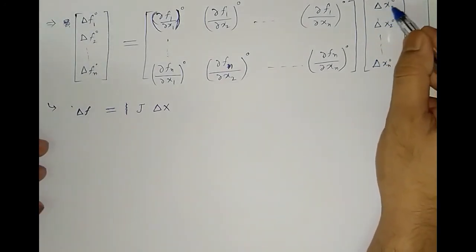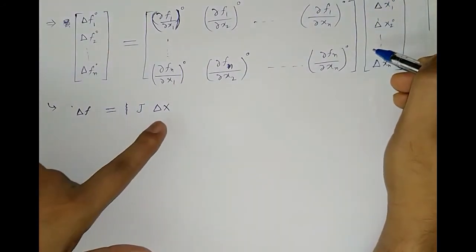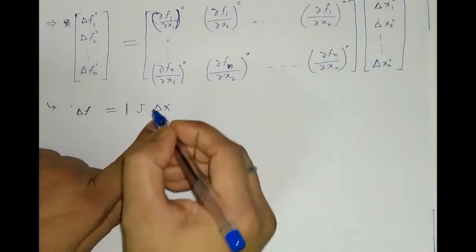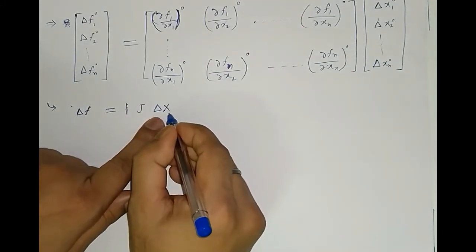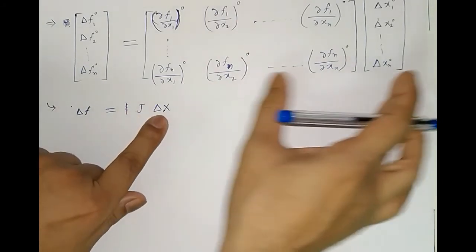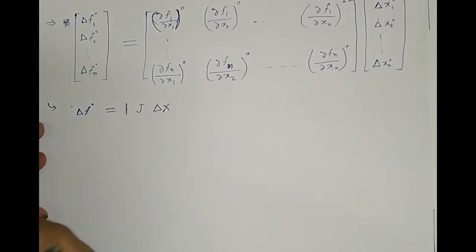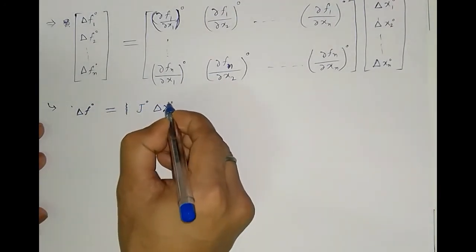The set of variables is represented as capital X. For the zeroth iteration, this will be delta f0, J0, and delta x0.